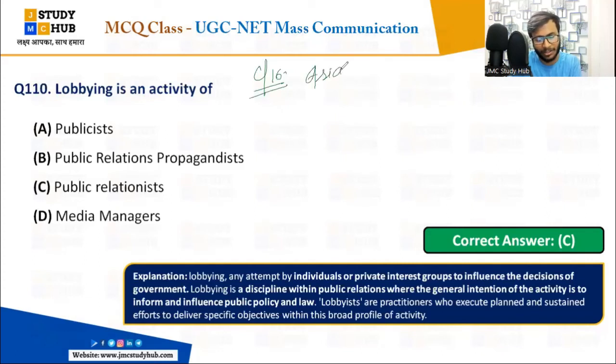Okay, Asia News Network, ANN. We have already discussed that, right? Asia News Network is a network of how many leading media? Tell me quickly. Asia News Network ANN, and tell me its headquarters, whatever you know about ANN.